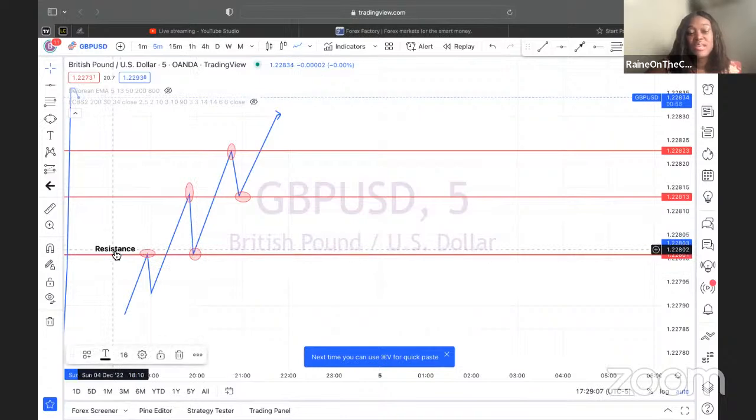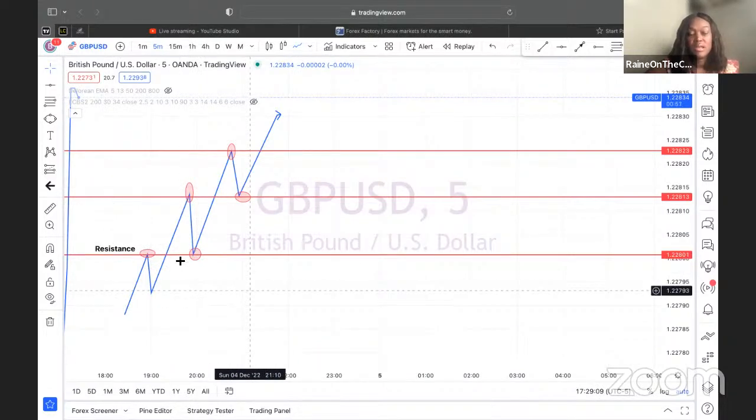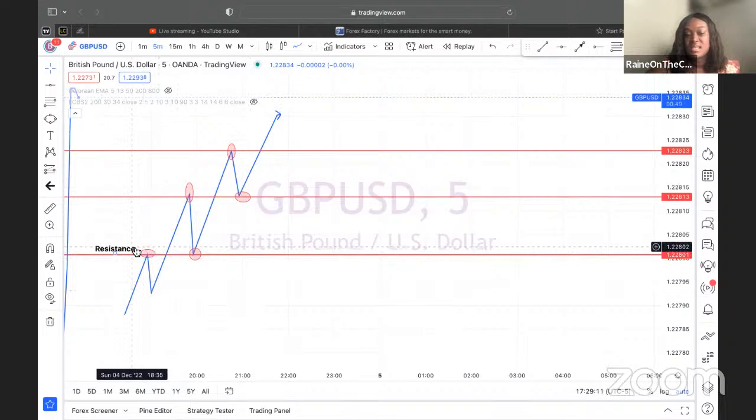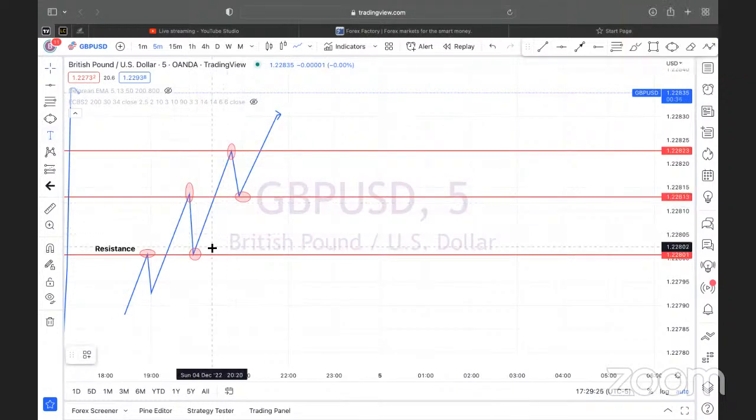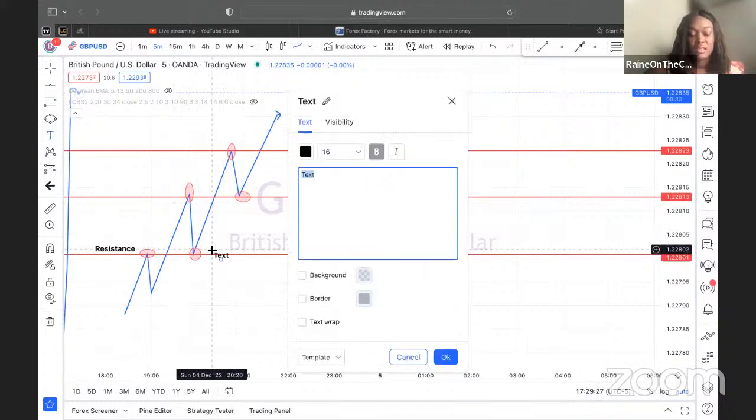But I'd be looking to buy there because resistance is now something else over here. What is it over here? It became support over there. Exactly.